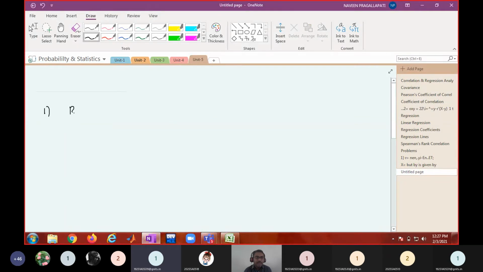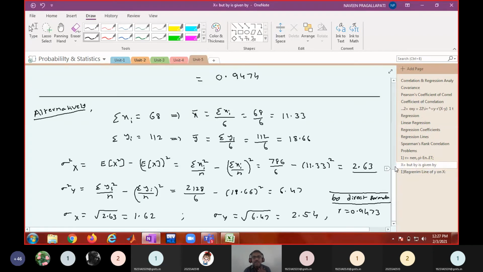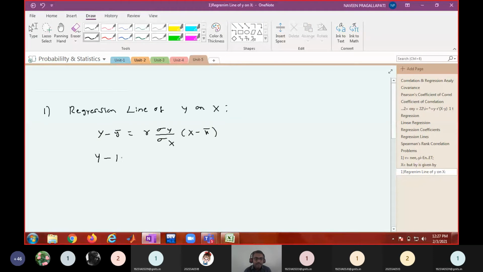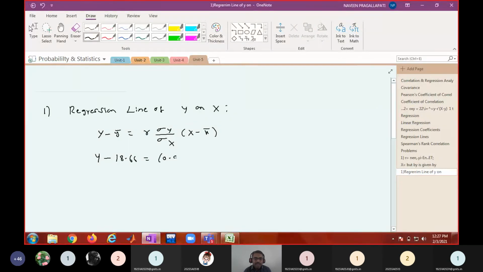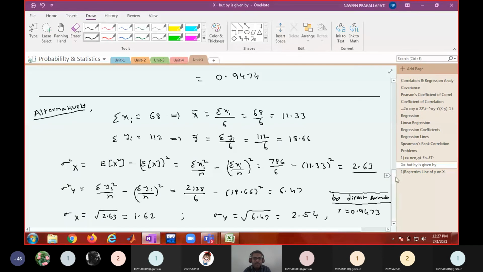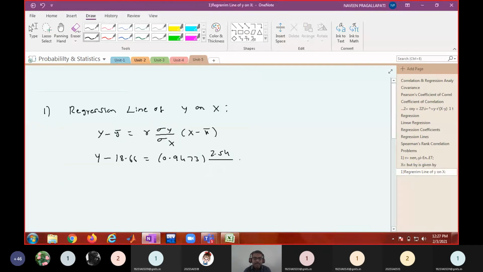The regression line of y on x is given by y minus y bar equals r into sigma y by sigma x into x minus x bar. What is y bar now? 18.66. What is the r value? 0.9473, into sigma y, which is 2.54, divided by 1.62, into x minus x bar.